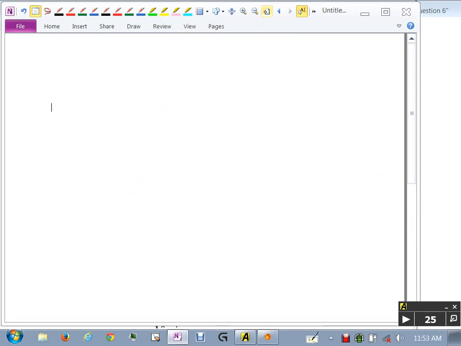So we want to show that the inverse of the hyperbolic sine of x is equal to the natural log of x plus the square root of x squared plus 1. So how in the world are we going to show this?